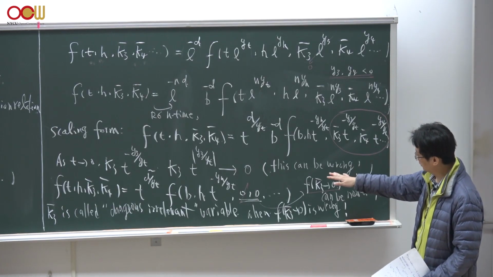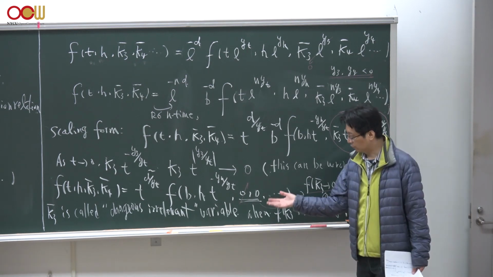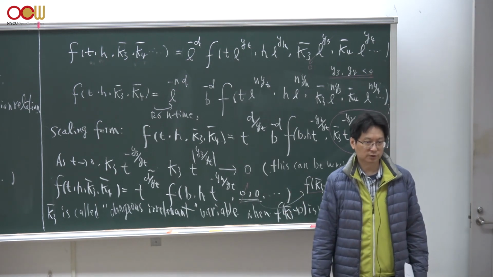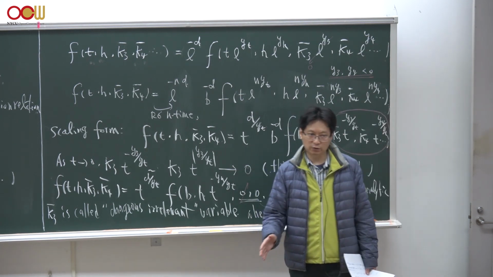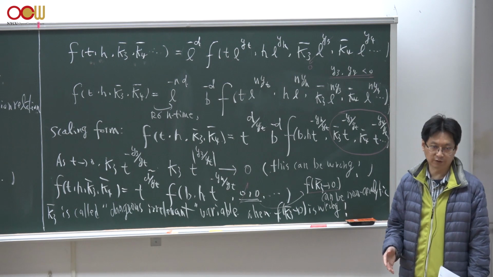We probably don't have time to discuss how dangerous these irrelevant variables are. You could check our reference and textbook on this phi-4 theory of the Landau free energy density.